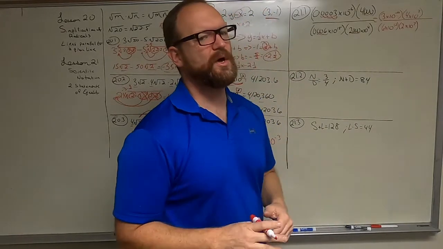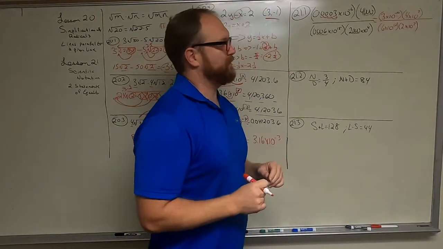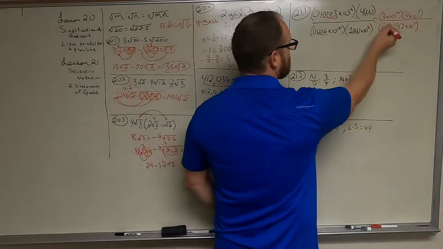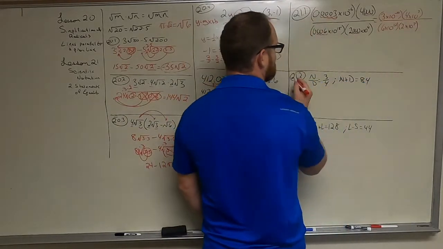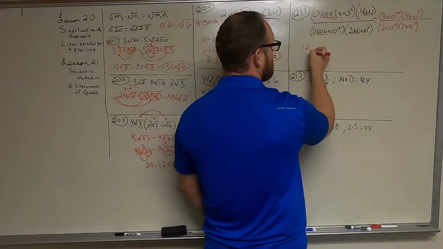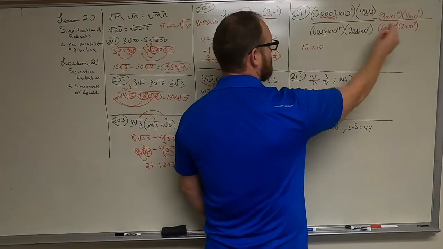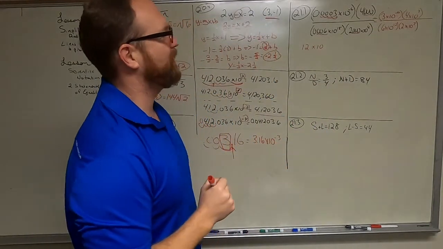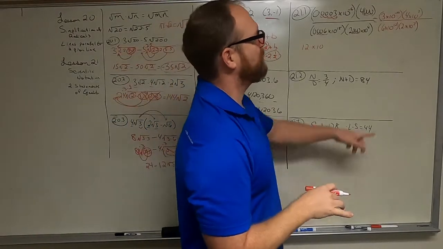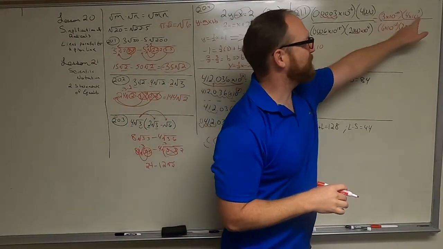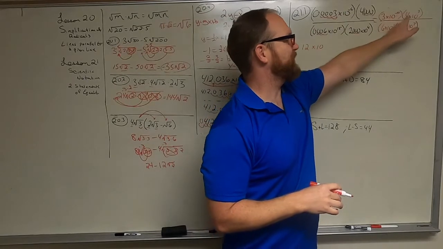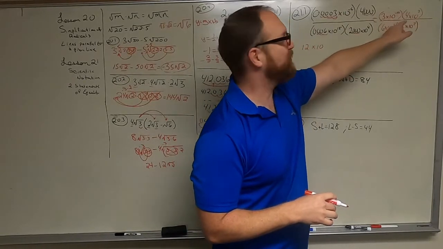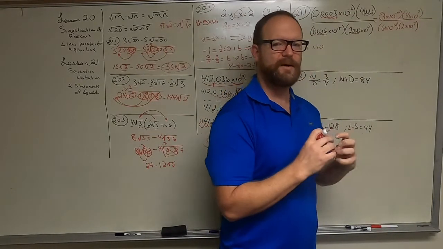Okay, so here's what we do with scientific notation and multiplying. We're going to take 3 times 4, our bases. 3 times 4 is 12, times 10 to the, what do you think it's going to be? Well, remember, way back in algebra, we learned that if we have a base, and 10 is going to be our base here, and those same bases, 10 and 10, have powers, do we multiply the powers?